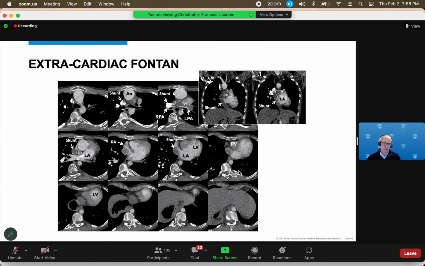Then we have the extracardiac Fontan. This is what's done most often here in the United States, where we use synthetic material, usually a Dacron graft, to connect the suprahepatic inferior vena cava up to the pulmonary arteries. And it goes outside of the right atrium. Now it doesn't grow over time.